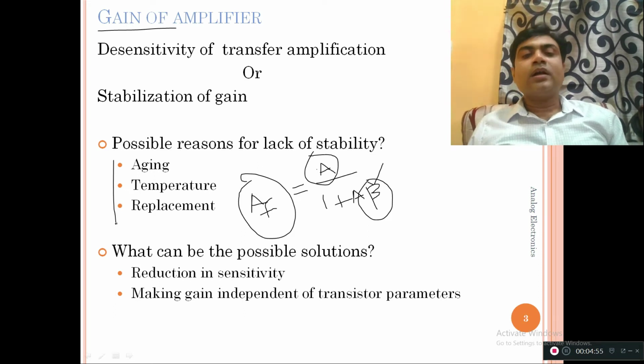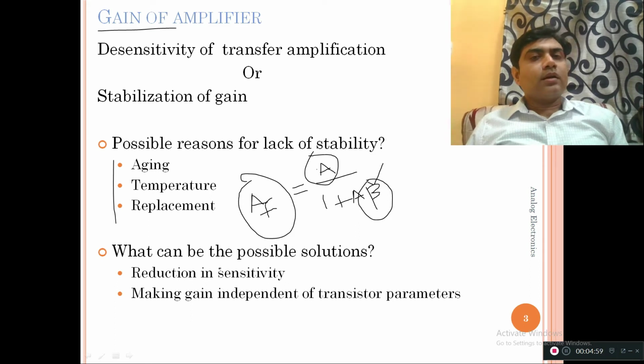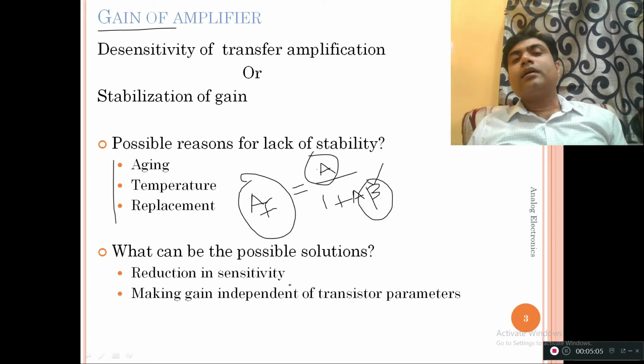And how can we find a possible solution? If we can somehow design the amplifier in such a way that the sensitivity gets reduced. When I use the term sensitivity, it means the sensitivity of the amplifier to changes. What changes? The aging, the temperature, the replacement of the components.